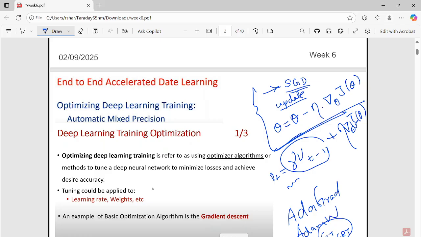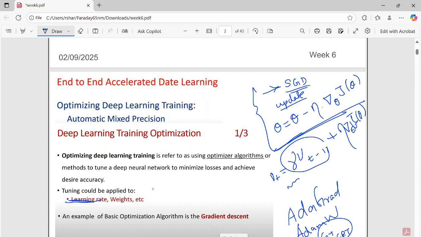Sometimes a combination of SGD plus momentum can also be used for fine tuning the larger models and also for better generalization. And learning rate can also be optimized, as it is also one of the hyperparameters in training deep learning models.